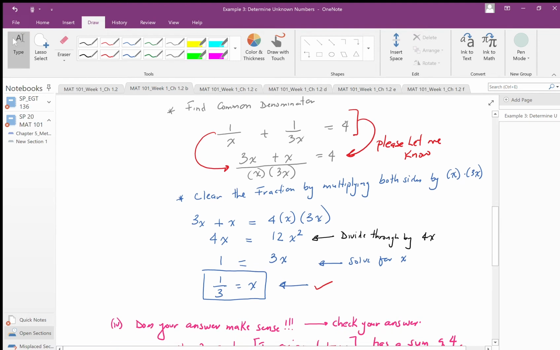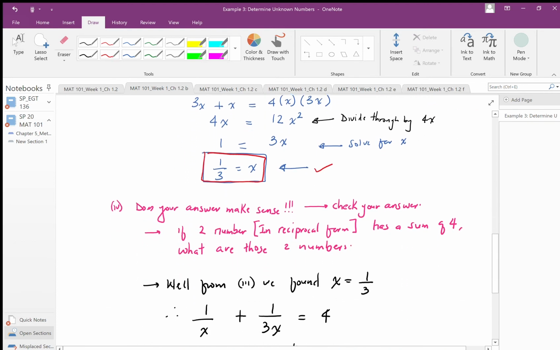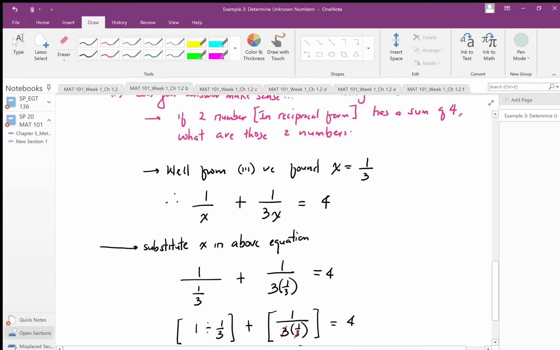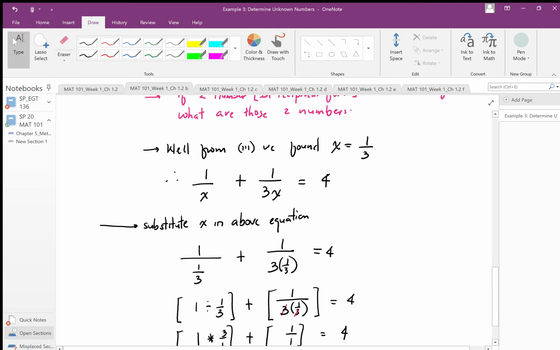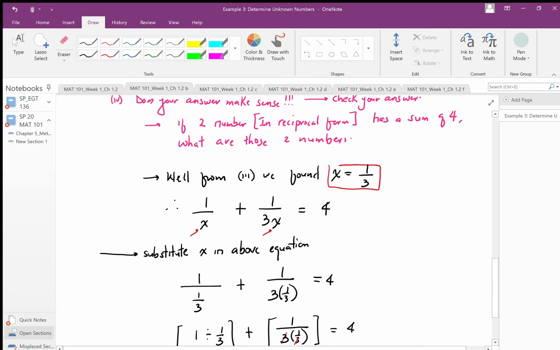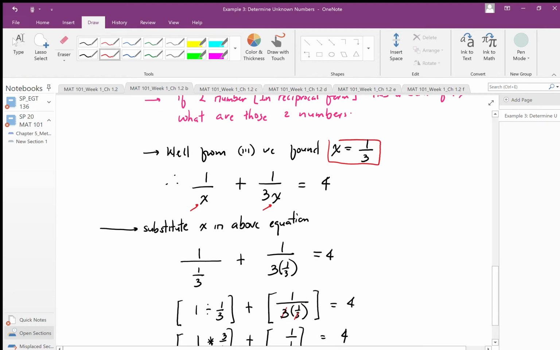Now, once we find out what our x is, which is 1/3, we want to find out, does this really make sense? So we go back and plug this x into our original equation, just like we did in section 1 of chapter 1. We know that if x equals 1/3, we want to plug it back into this value here and into this value here. So when you do that, it looks something like this.